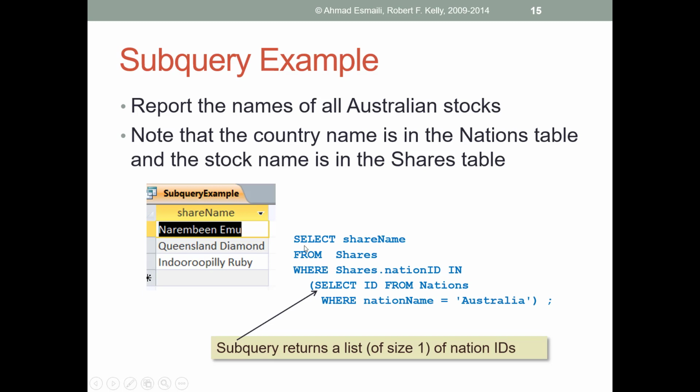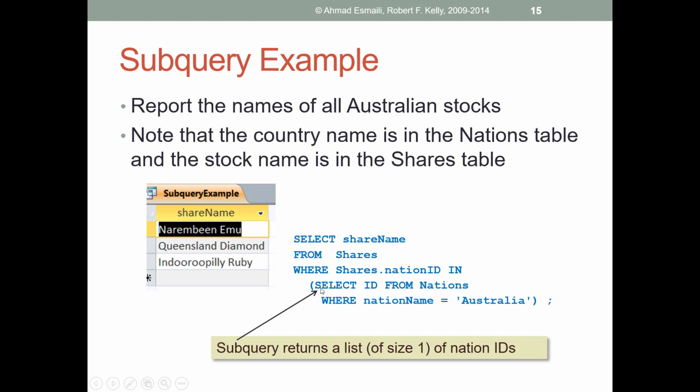So we will say select shares name from shares where shares.nation id in. We are writing it in a very interesting manner, where we only want the nation id for those whose name happens to be Australia. All right, so how did we attain it?